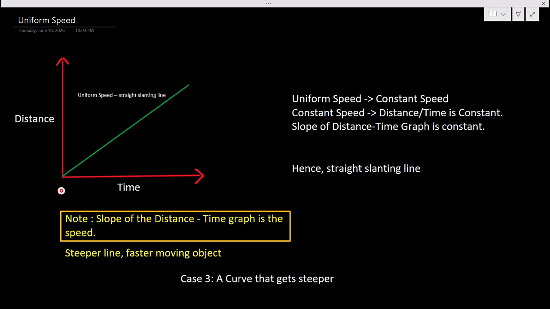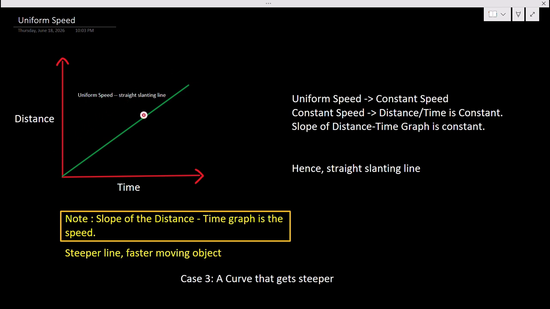The graph can start from here also, or from any point, but the slope has to be constant. If it's starting from this point, it means that the object was at the origin, or at zero, or whatever base we are taking for measurement. But the key point is that it will be a straight slant line, because the object is moving at a uniform speed.